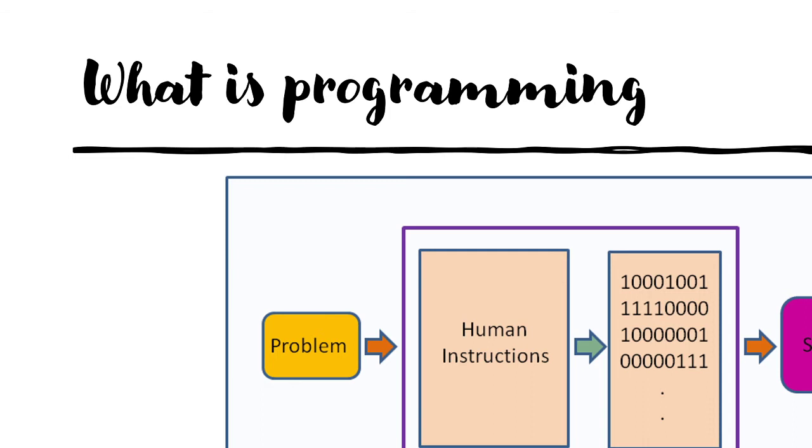It represents voltage on and voltage off internally at a very low level, but the computer can make sense of this. There might be a pattern, for example, voltage on, voltage on, voltage on, then voltage off, voltage off, voltage off. So basically 1 1 1 0 0 0. For the computer, it might represent something. For example, it might be an instruction for a display unit that represents print hello.